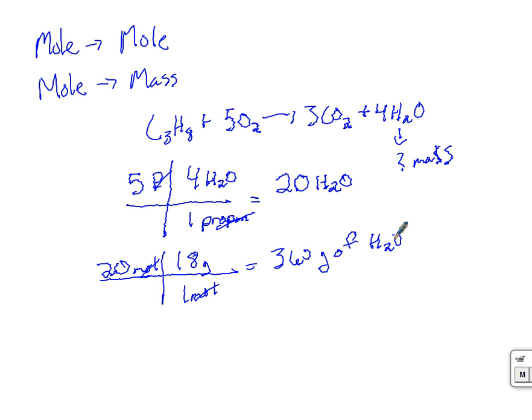So stoichiometry is very useful for calculations like this. And if you can go from mole to mole and mole to mass, you can also go from mass to mole, and you can go from mass to mass.